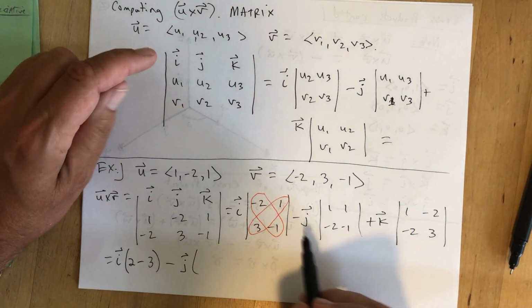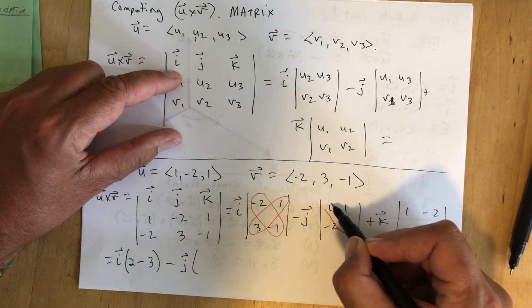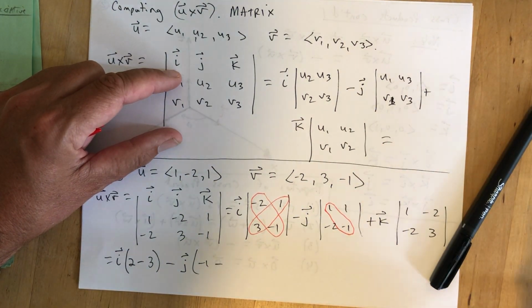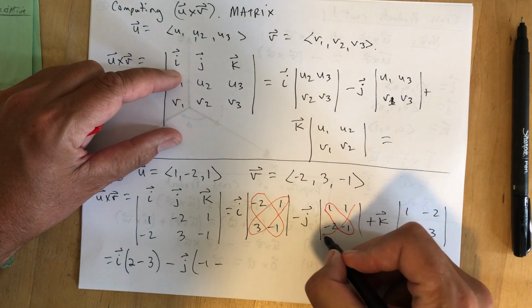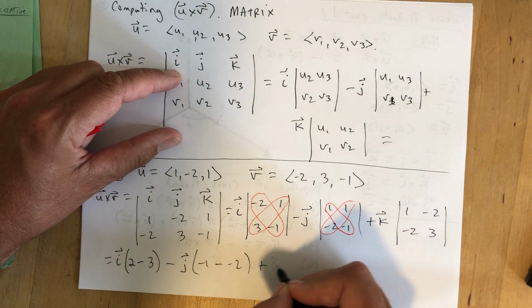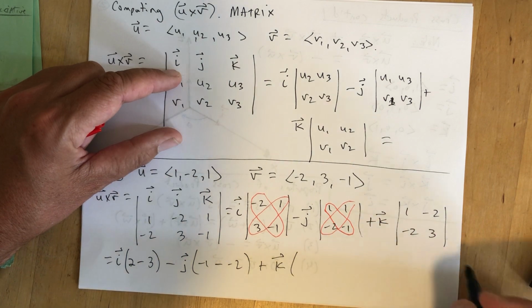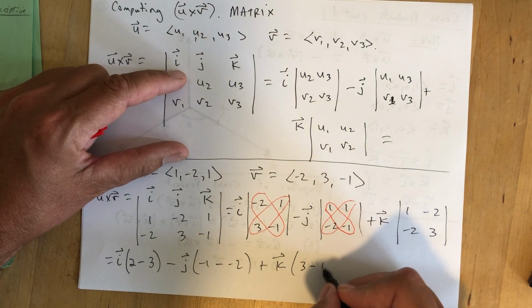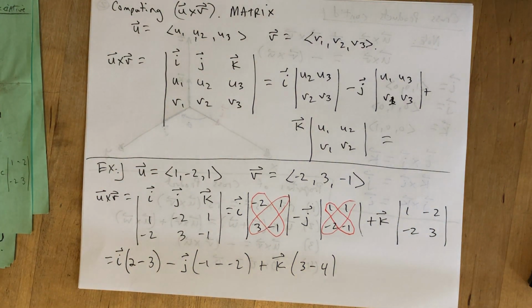Again, minus j times this number, which is minus 1, minus this number, which is negative 2, plus k times 3 minus 4. 3 minus 4. Okay.